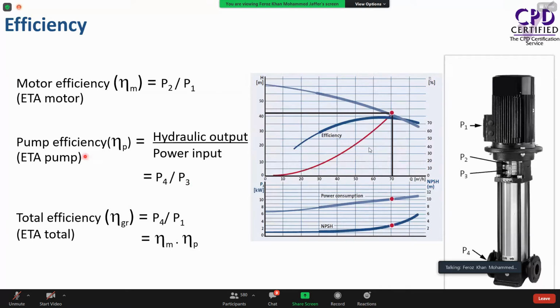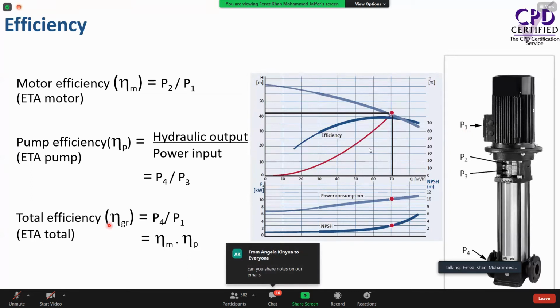And if you want to know the overall efficiency, because P4 is the ultimate output of the pump and P1 is the ultimate input to the pump set, if we divide these two, P4 divided by P1, then we will get the total efficiency.